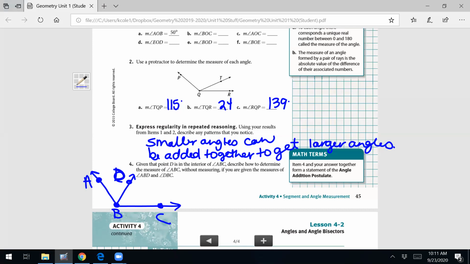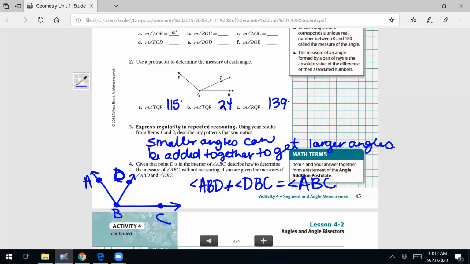Now, if we know the measure of angle ABD, what would we do with that and the measure of angle DBC to get the angle ABC? You would add them.